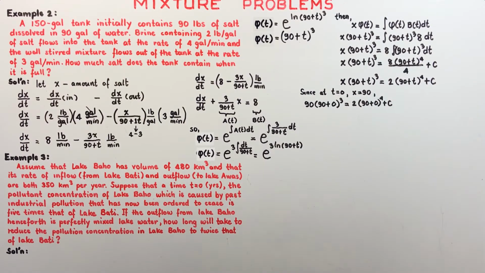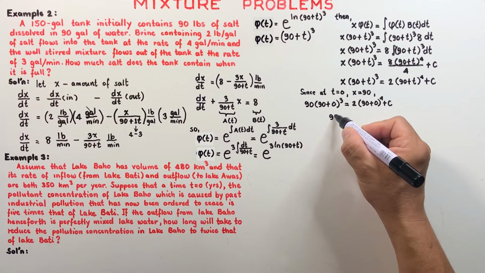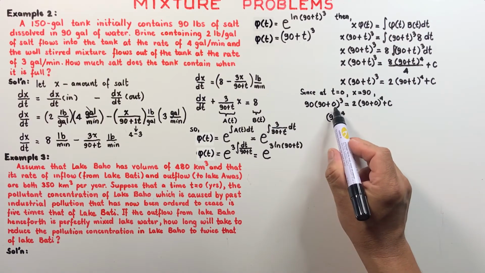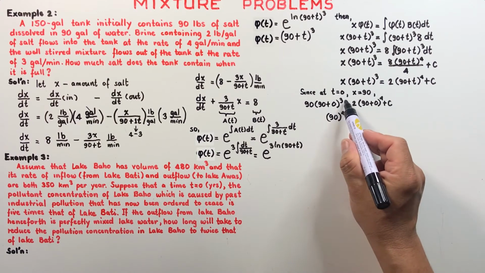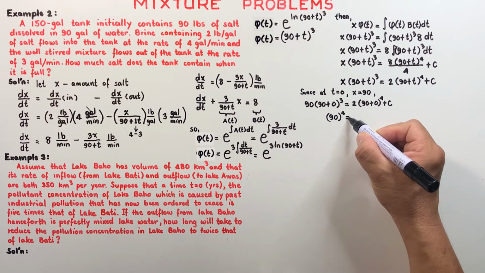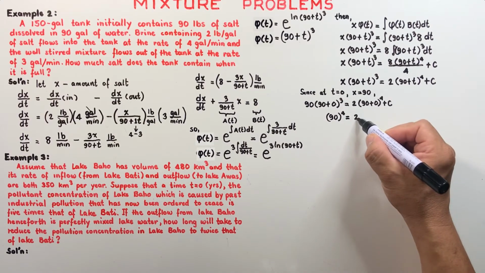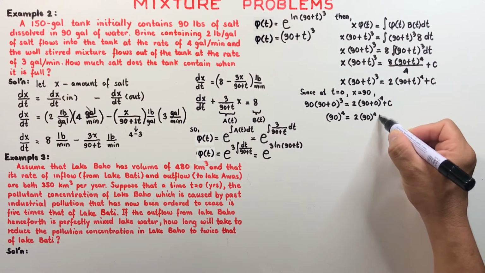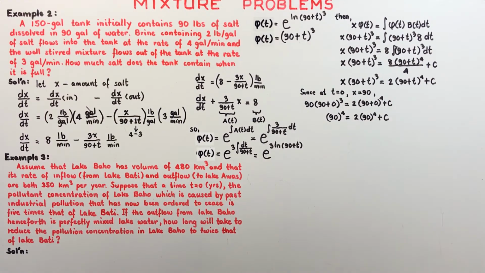So simplifying further, we have 90 to the power of 4, because 90 plus 0 is 90, and 90 to the power of 3 times 90, the result is 90 to the power of 4. So this is also equal to 2 times 90 to the power of 4 plus the constant of integration c.